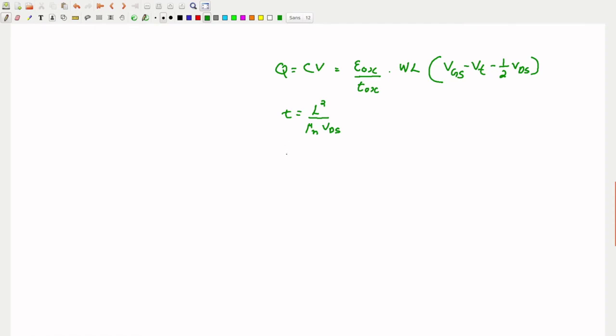Now what happens? ID changes to mu n epsilon OX by TOX, W by L, into VGS minus VT minus half VDS, the effect of the drain to source voltage in conductivity, times VDS.